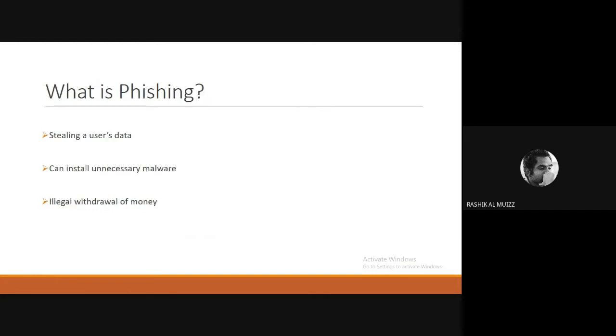So, what is known as phishing? Phishing is a social engineering attack to steal a user's data, including login credentials and credit card numbers. It happens when an attacker pretends to be a trusted person and forces a person to open an email. The recipient is then fooled into clicking a malicious link, which can lead to the installation of unwanted malware.